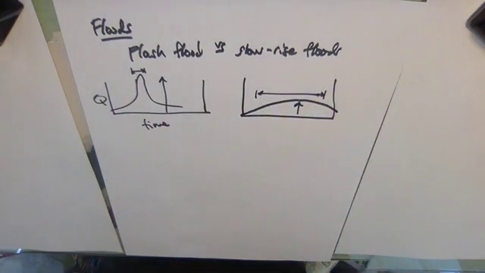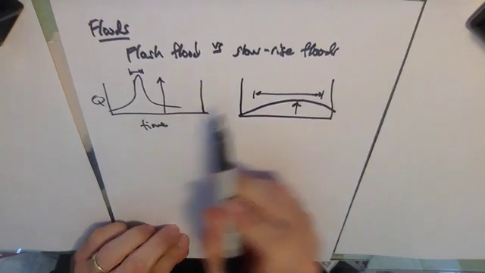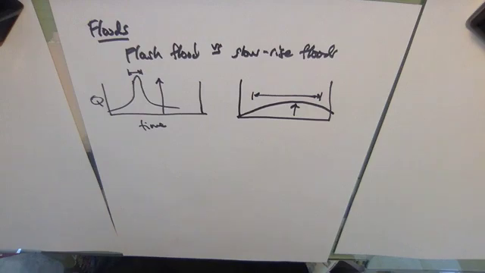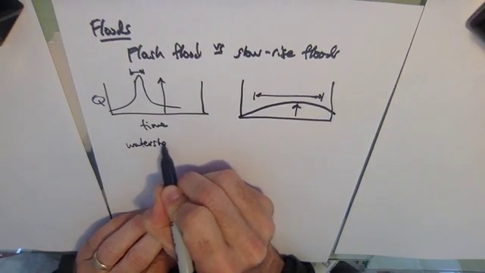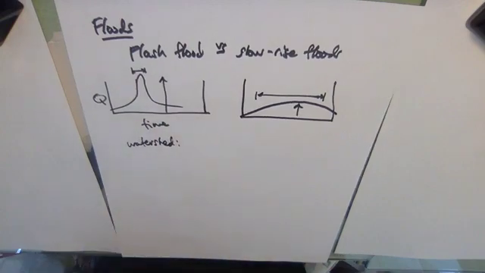So let's think for a second again about what sort of characteristics we might expect to have that would produce flash floods versus slow rise floods. So think for a second about the watershed. What sort of watershed characteristics might lead to flash floods, right?